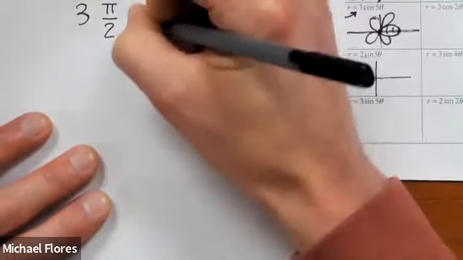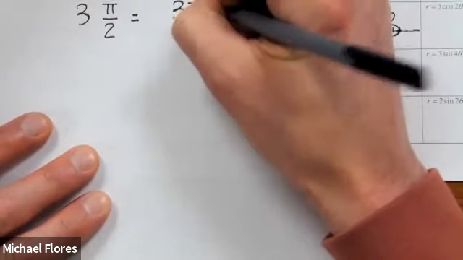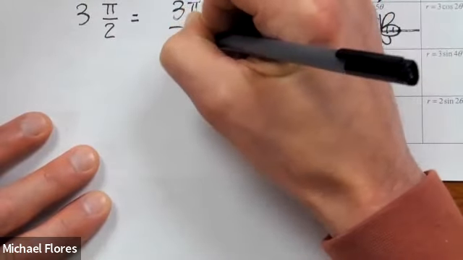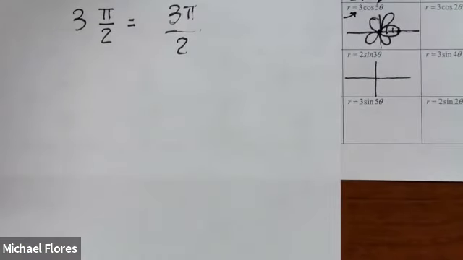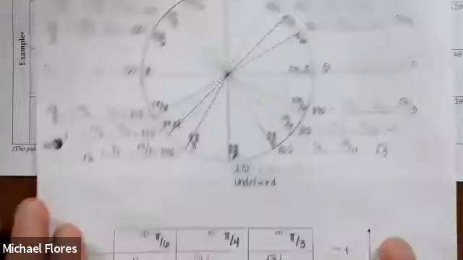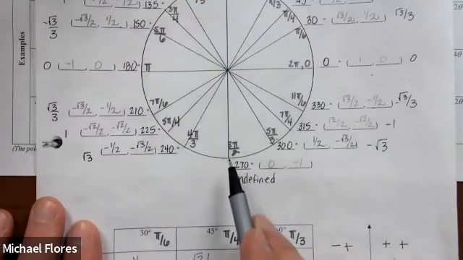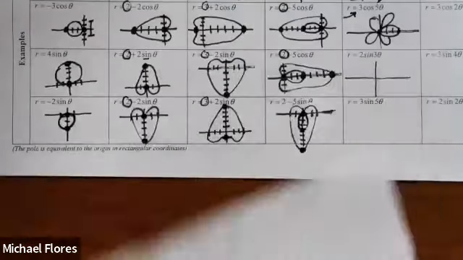That would give us 3 pi over 2. So that tells us our petal is going to be symmetrical on the y-axis at 3 pi over 2. And in the event you don't remember where 3 pi over 2 radians is, it's right there. So we're going to be south of the pole.